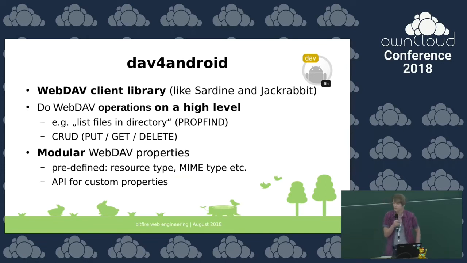So we have decided to make our library which finds a way between complexity and possibilities and simplicity to use. And yeah, we have some predefined WebDAV properties. So you can use the library if you just need a simple client library. Or you can define your own properties for WebDAV.